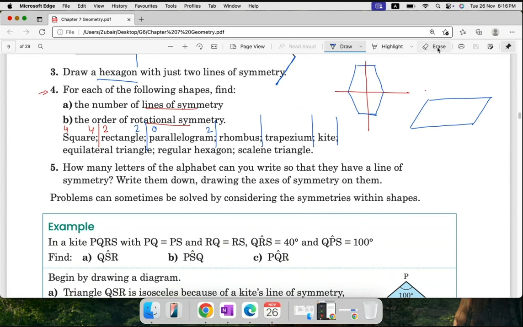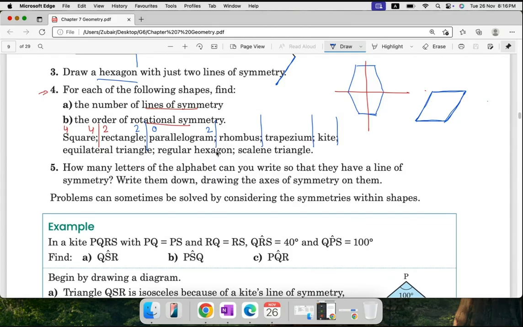Do you know what rhombus is? No sir, I forgot the shape. Rhombus is a tilted square. Difference between parallelogram and rhombus is this: it has all sides of equal length. Yes, it's a type of square, a tilted square. How many lines of symmetry?